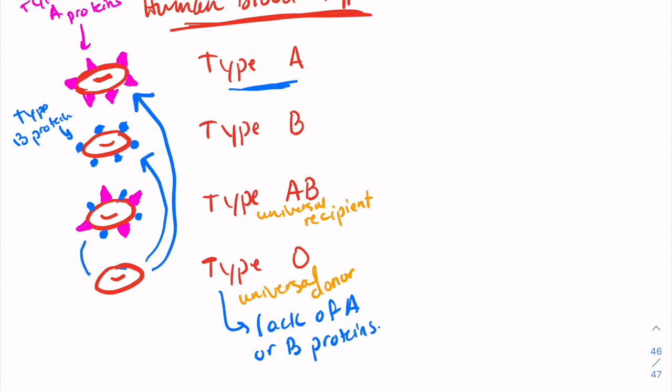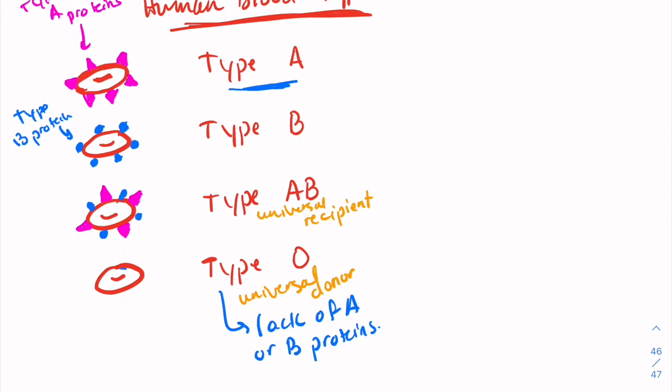And likewise, no problem giving type O blood to type AB people because the type O blood doesn't have any funky looking surface proteins on it that the type AB person's immune system has never seen before. So we call type O blood the universal donor because they can donate to everybody.